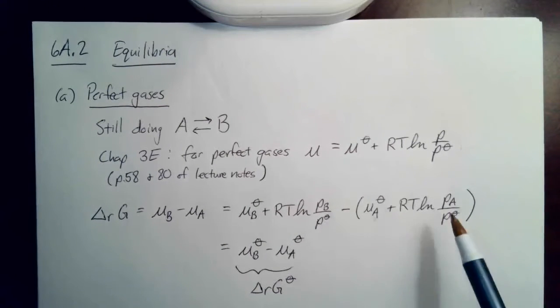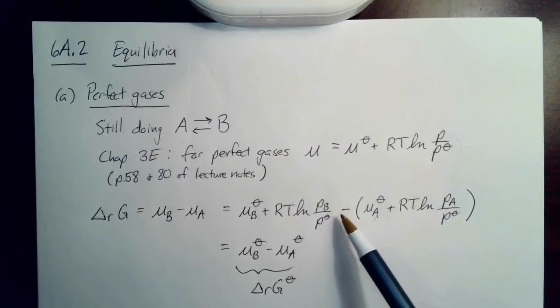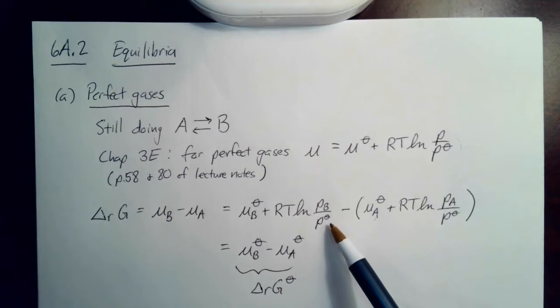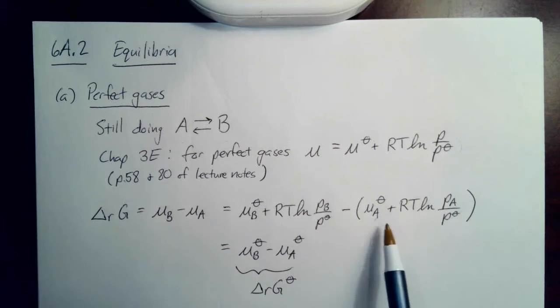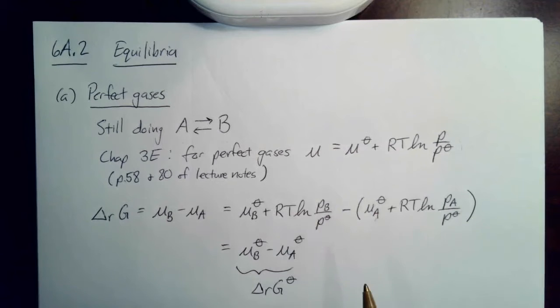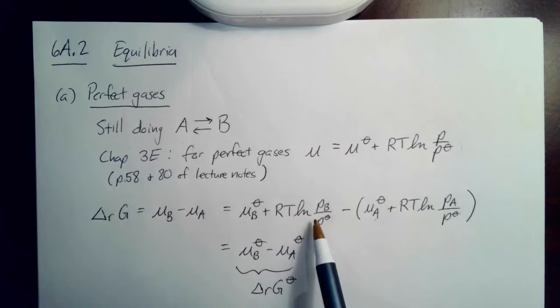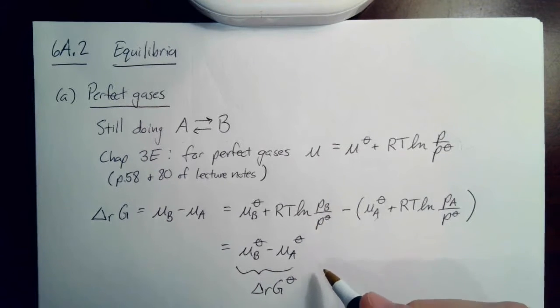P standard, in the cases that we're going to be using it, will probably typically just be 1 bar. But they're going to cancel in this case because here I have the difference between two natural logs. So I'm going to take the ratio of their arguments and combine them into a single natural log.